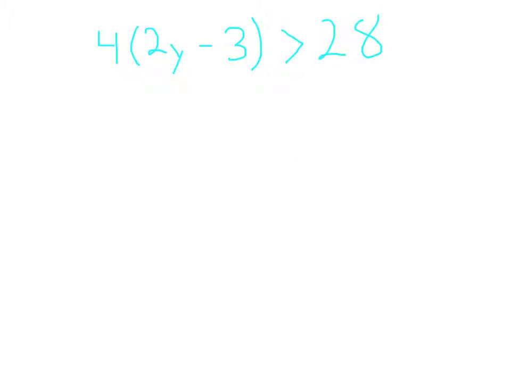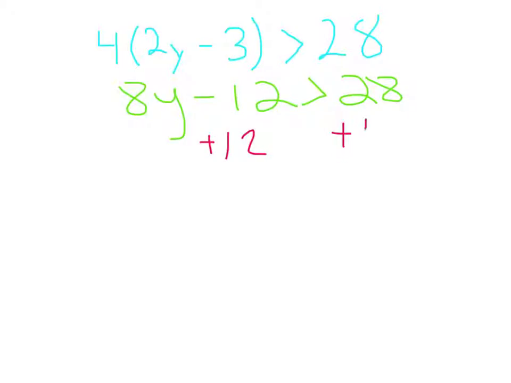Now I'm going to distribute the 4. So I'm going to get 8y minus 12 is greater than 28. And then to start getting the y alone, I'm going to add 12 to both sides. So then I end up getting 8y is greater than 40.